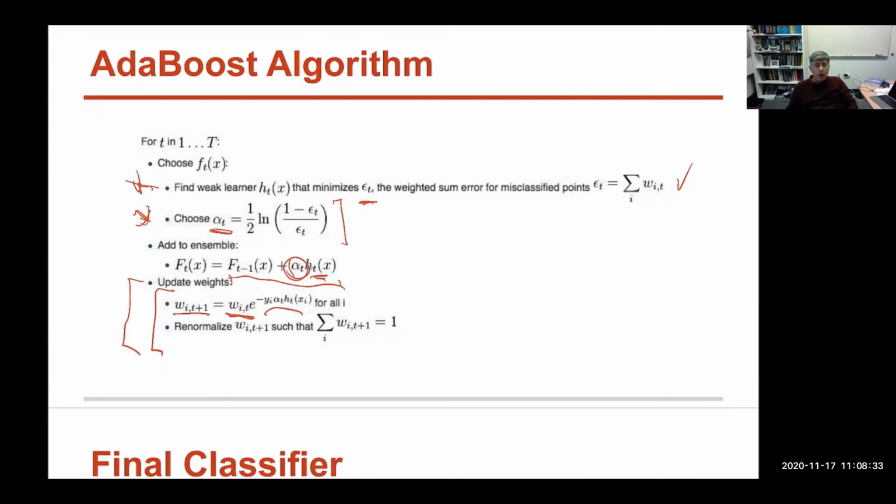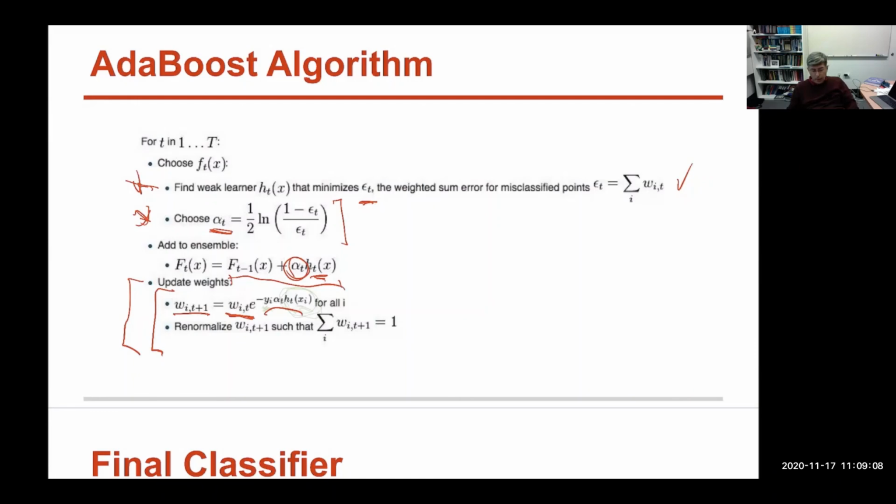H sub t of x sub i is the hypothesis, the classifier on the given value of x, the parameter that we give it. It's going to make a classification decision: is it a positive member or a negative member? Y sub i is the label of the point. Did it belong in the positive class or the negative class?